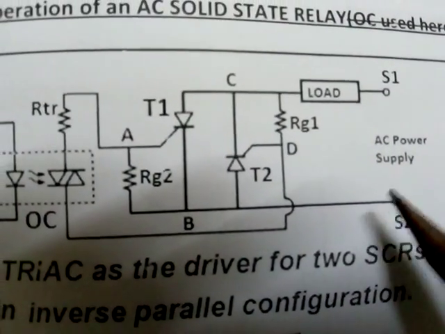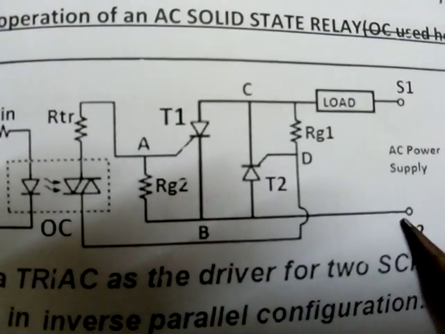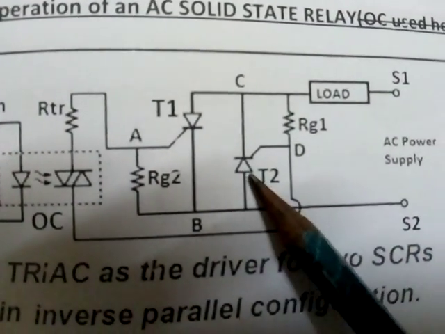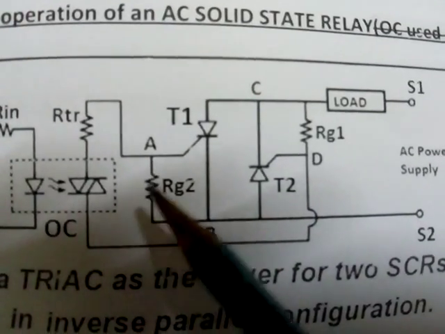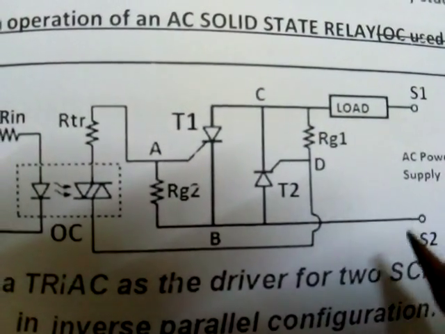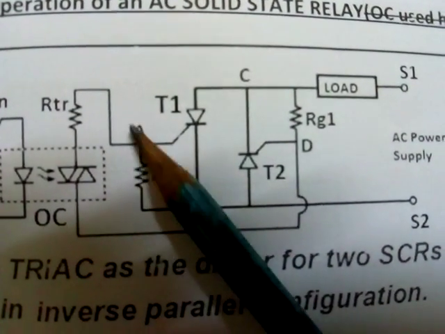During negative half cycle, this will be positive. So gate current will flow like this through RG2. For T2, gate current will flow through RG2. For T1 it is RG1. See, for T2 gate current will be like this.